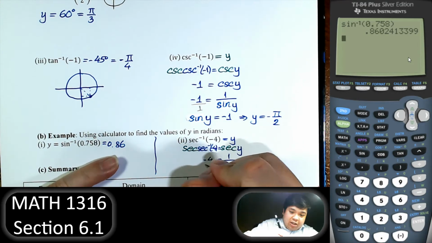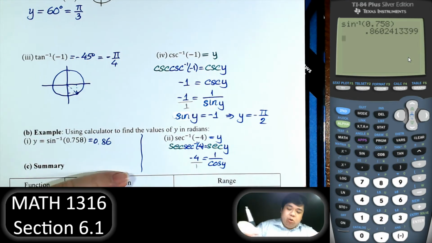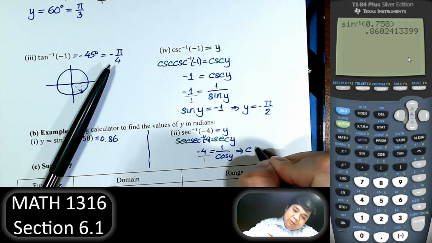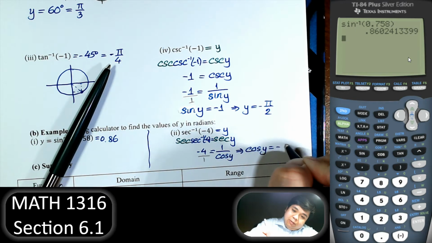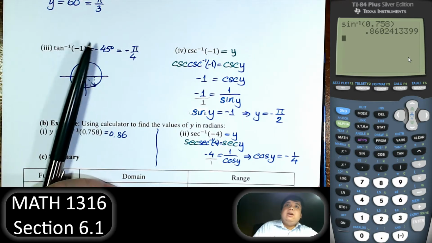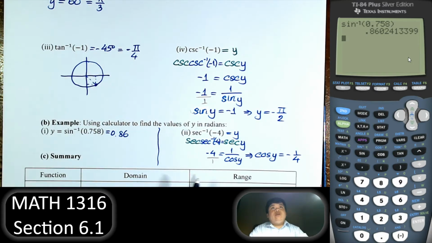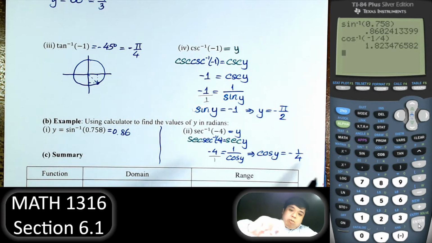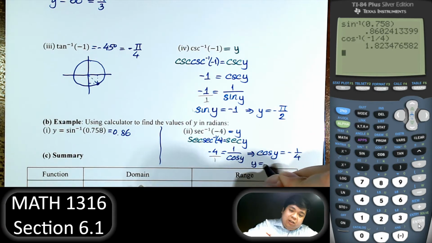We can make that a fraction and flip both sides, and then we can find the angle from the cosine value. That gives us about 1.8 something.